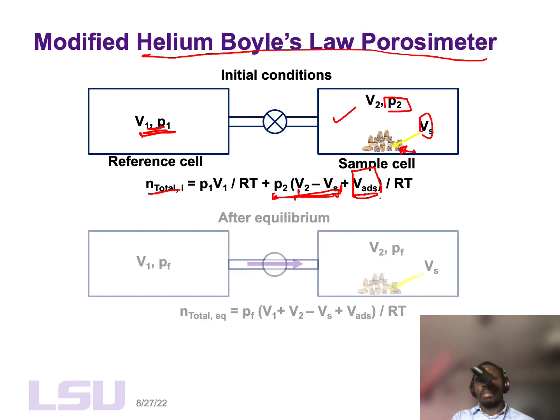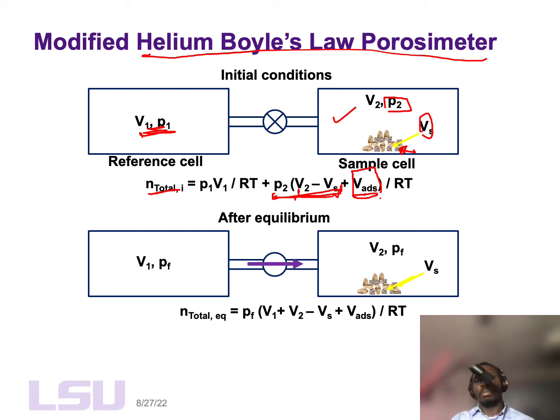Then we open the valve, right, and let the gas flow into it, and then we wait. Now it's going to take much longer time to reach equilibrium. And at equilibrium, it's exactly the same kind of equation from before, right? Only thing is we've added adsorbed volume.